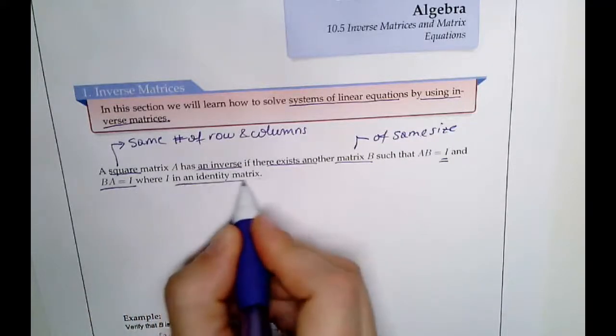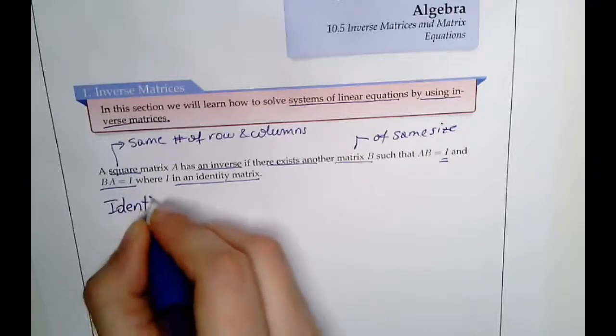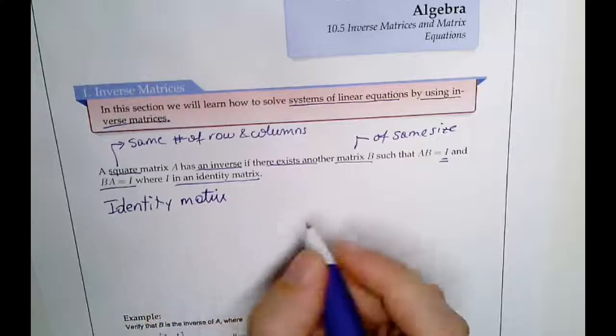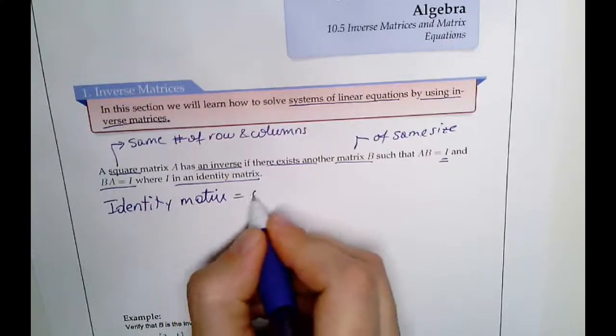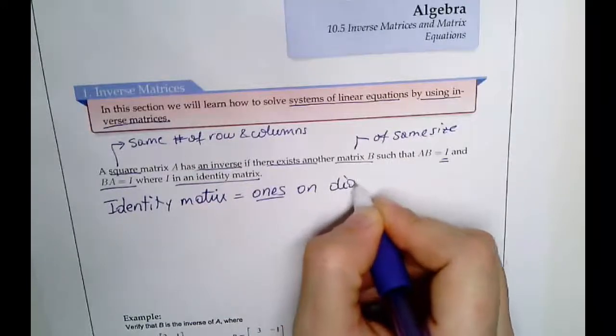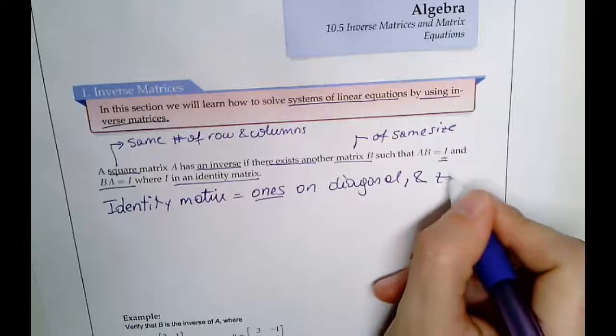The identity matrix is just a matrix that has ones on the diagonal and zeros everywhere else.